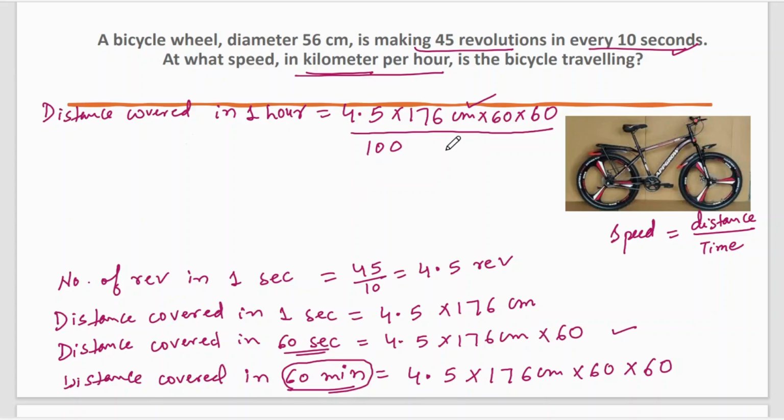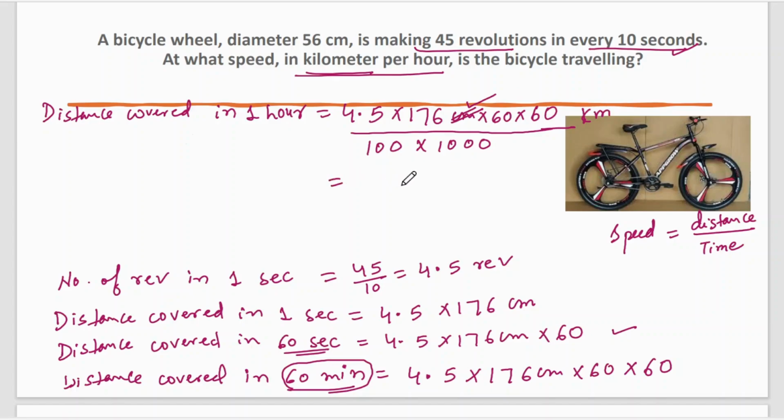If you want to convert meter into kilometer, you have to divide it by 1000. So again, I am dividing it by 1000. This whole data is being divided by 1000. Don't get confused that I am multiplying. No, I am writing these in the denominator. So now the whole data has been converted into kilometer.